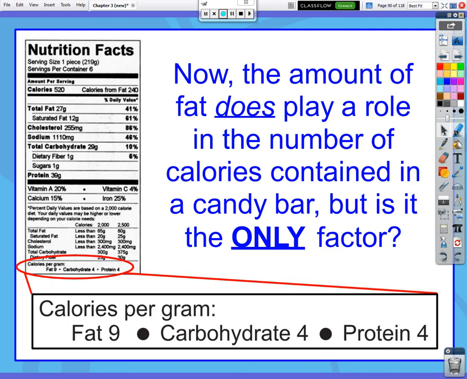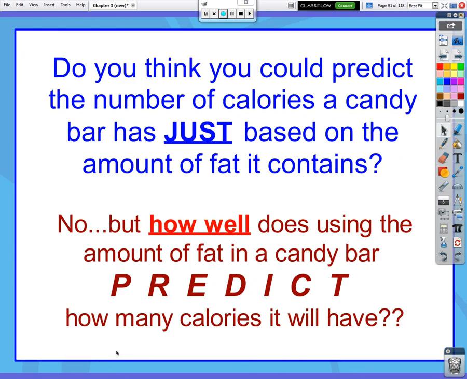So can I just use the amount of fat to predict how many calories a candy bar would have? Well, no, I can't necessarily just use fat because there are 2 other things that also contribute to the number of calories. So that was a question I just asked: do you think you could predict the number of calories a candy bar has just by using the amount of fat?